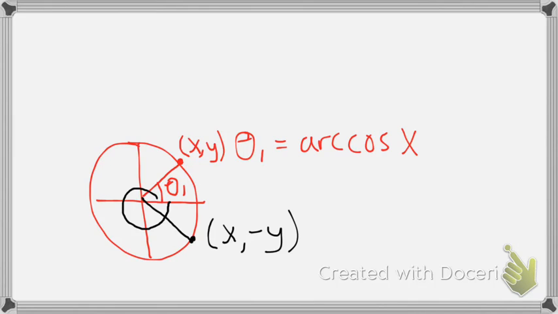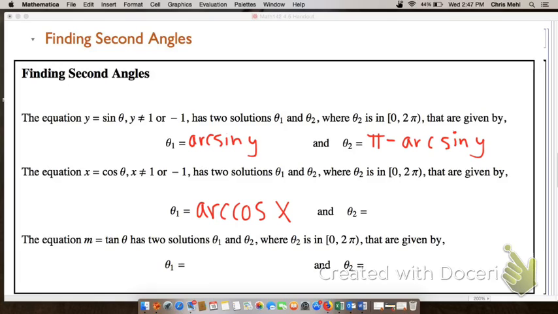Starting in standard position, if I go 2 pi units around and I subtract theta 1, I'll get another angle whose terminal side has the same x coordinate. So the first angle is given by arc cosine of x. The second angle can be obtained by taking 2 pi and subtracting the first angle, arc cosine of x. Theta 1 will be between 0 and pi, and the second angle will be somewhere between 0 and 2 pi.